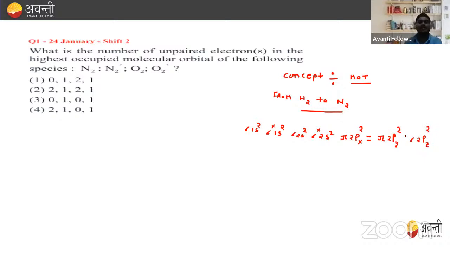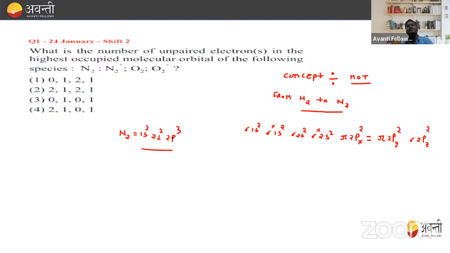If I'm talking about nitrogen, nitrogen has the electronic configuration 1s2, 2s2, and 2p3. So in MOT, it is sigma 1s2, sigma star 1s2, sigma 2s2, sigma star 2s2.